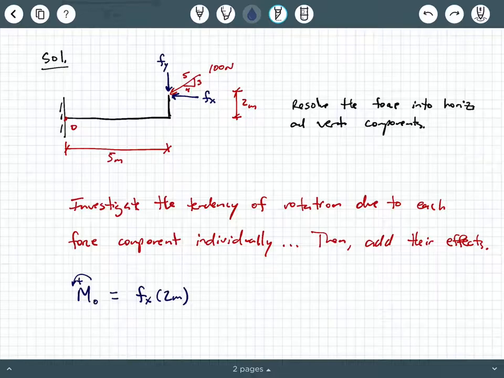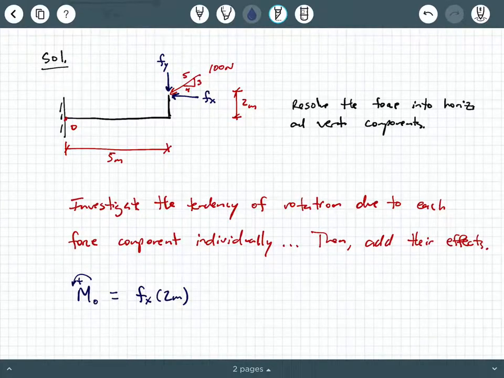Now what about the y component? For now we're going to forget about x and put our attention on this y component of the force, f sub y. So what is its perpendicular distance away from point O? Well, that's the 5 meters for sure. Again, the perpendicular distance is the distance from the line of action of the force to the point of interest.